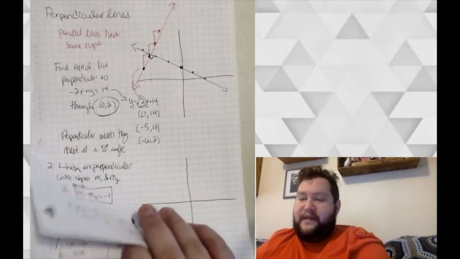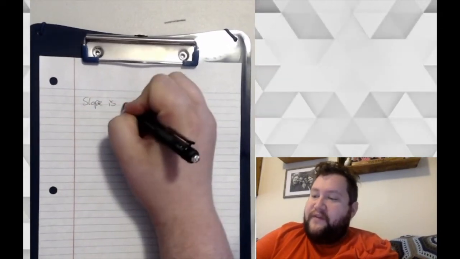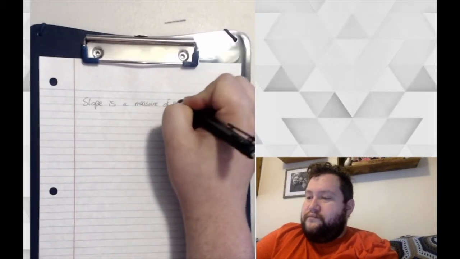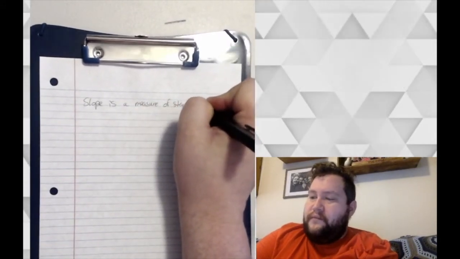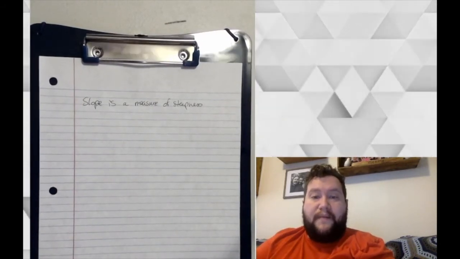So to bring some of these ideas together, I'll just give you a little summary of what we've talked about. Slope is a measure of steepness. We talked about how if slope is positive, from left to right, it'll go up.